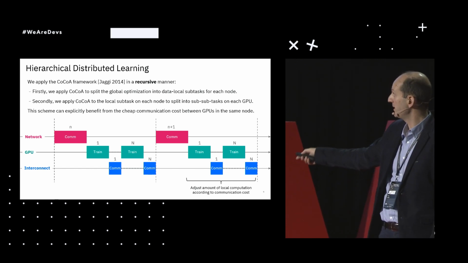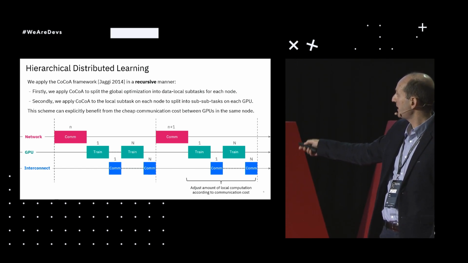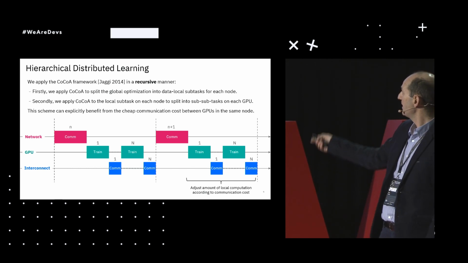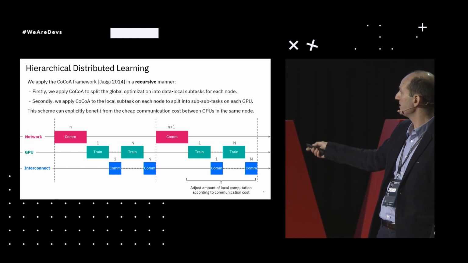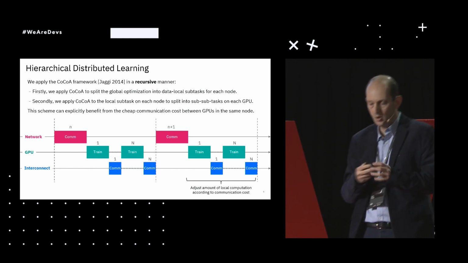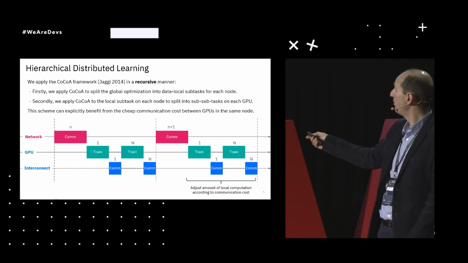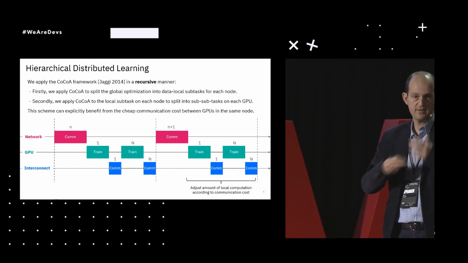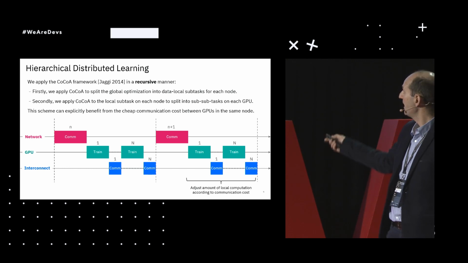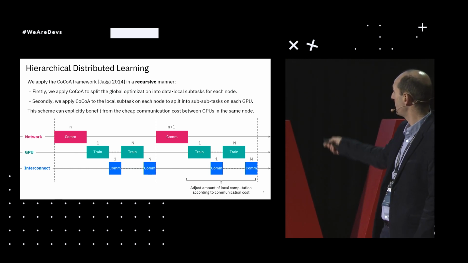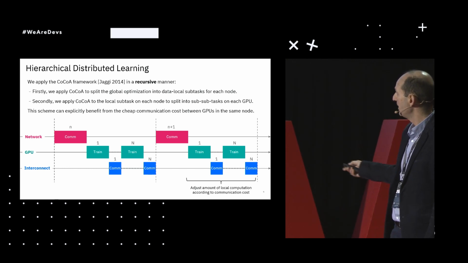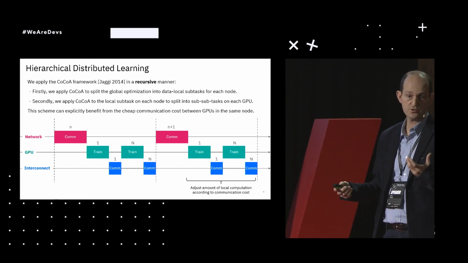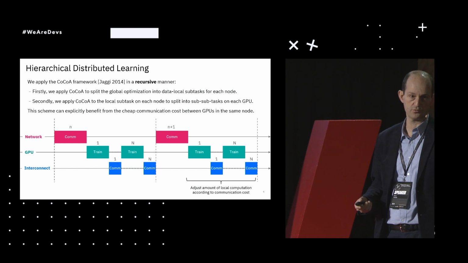So you can afford to do many rounds here. And after you have reached a certain level of, say, accuracy, then there is the time for all of these local workers to go back and communicate so that they can synchronize their models. And then the next iteration, the next epoch, you do the same thing. And the key here is that you can adjust the amount of local computation according to the communication cost.